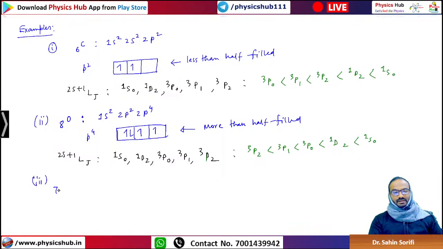Third case, nitrogen. 1s2, 2s2, 2p3, half filled.